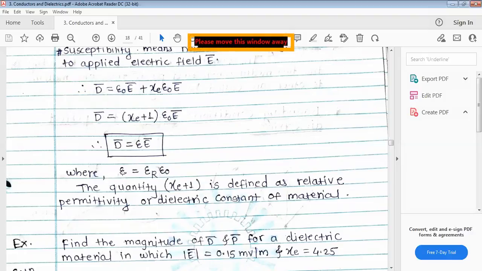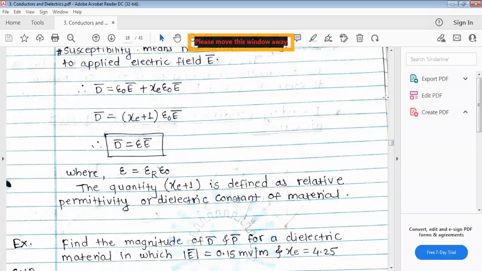So this is the general equation. When we are considering free space, at that time we write only epsilon 0. And the quantity Xc plus 1 is defined as the relative permittivity or dielectric constant of the material.